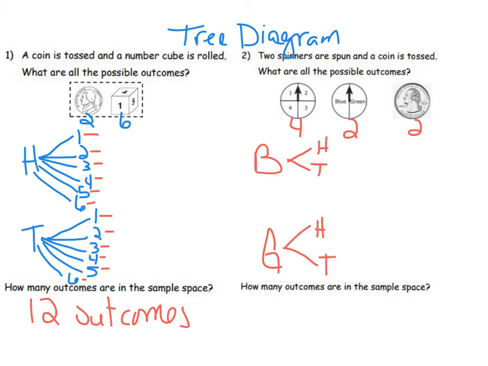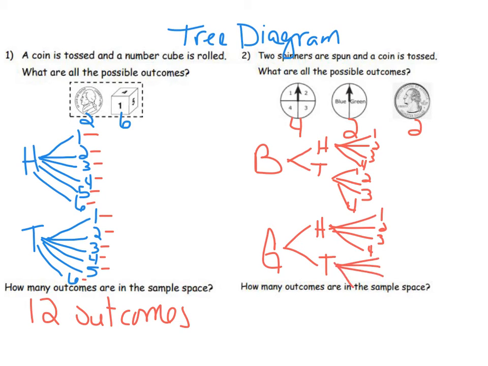And then the next spinner, I know it has 4. So that means I'm going to branch out 4 times from each of those. So I have 1, 2, 3, 4. Same thing over here. 1, 2, 3, 4.